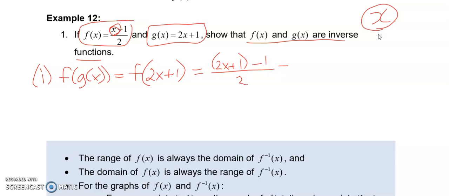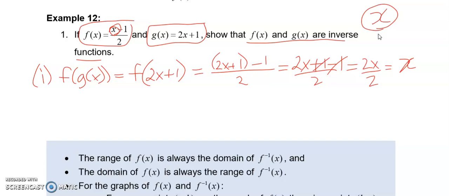Now, you just simplify that as much as you can, all right? So you would remove the brackets first. They just vanish. There's nothing in front. So you're just going to have 2x plus 1 minus 1 divided by 2. And now the 1's cancel, so you have just 2x divided by 2. And those 2's cancel because they're factors. So look at that. Voila, you got back just x.